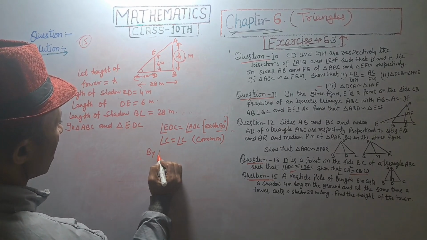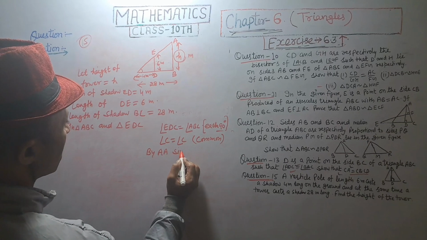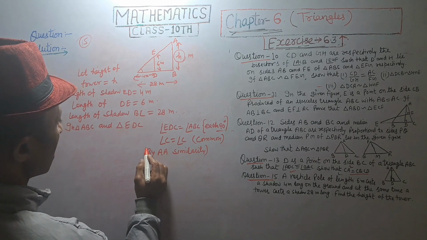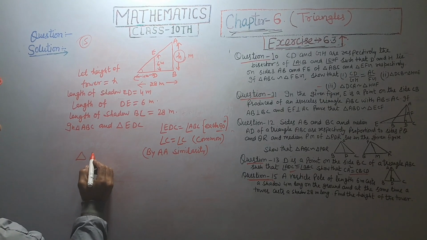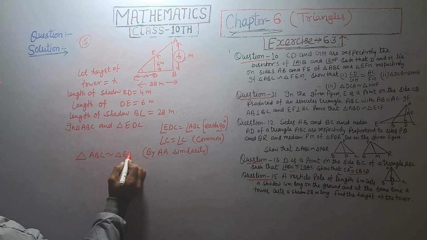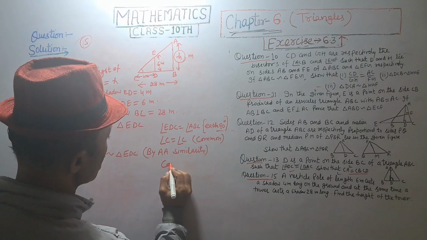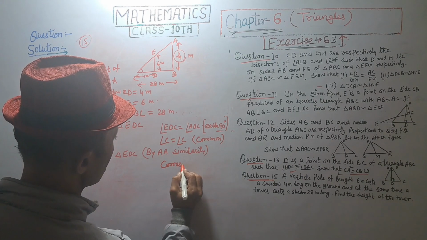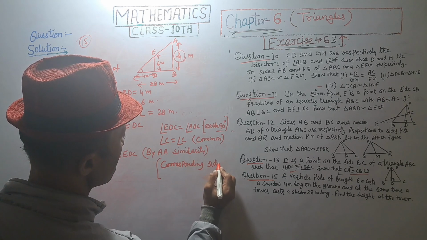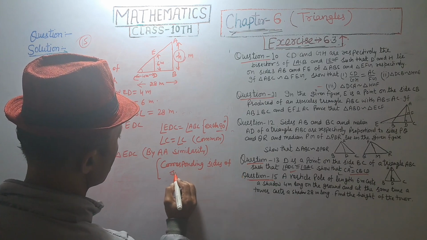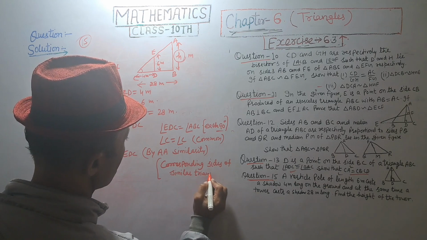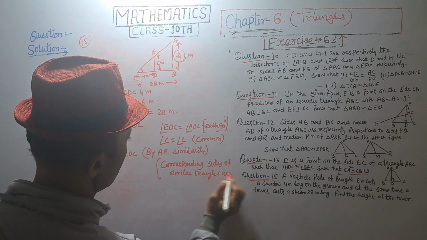By angle similarity, triangle ABC is similar to triangle EDC. So corresponding sides of similar triangles are equal.